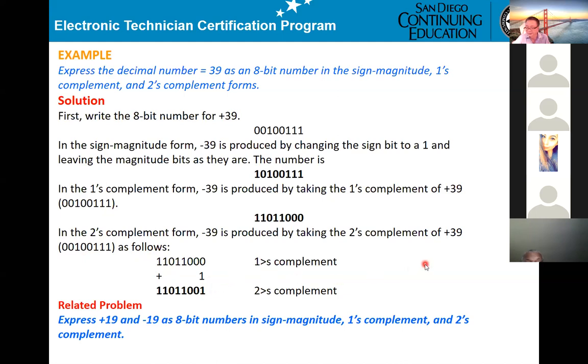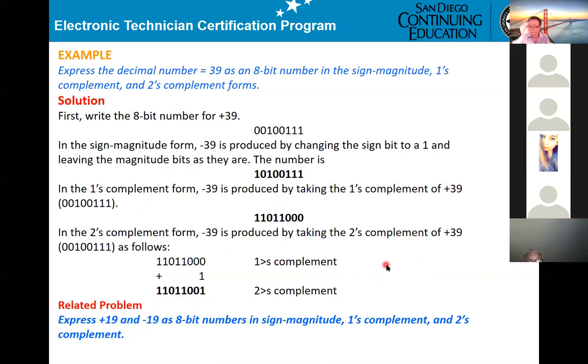Okay, if you are able to understand, can you do plus 19 and minus 19 for me? Same way. That means first you have to tell me what the sign magnitude form is, what the first complement form is, and the second complement form. This one we have not done, right?